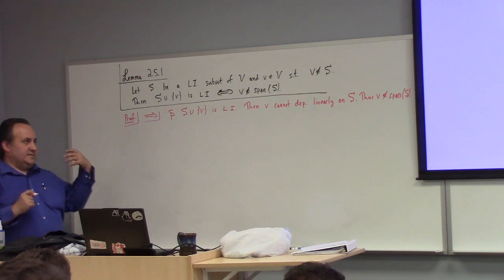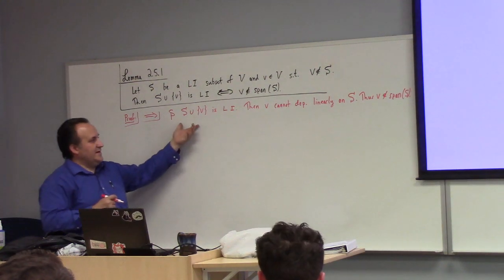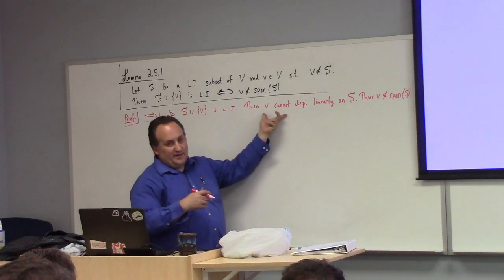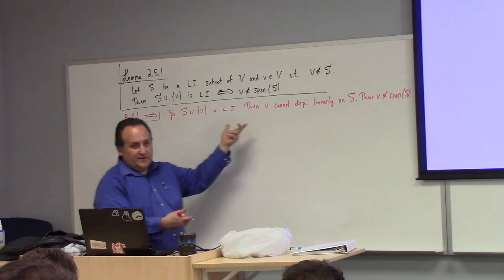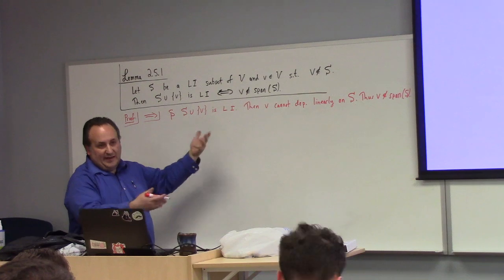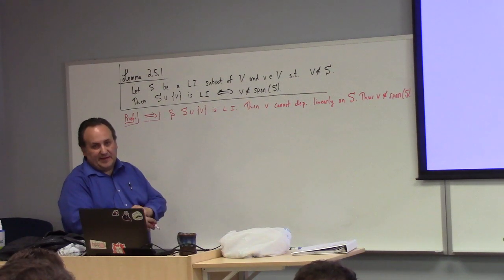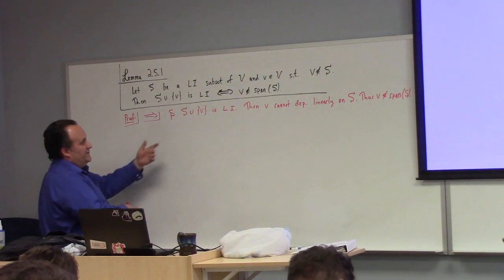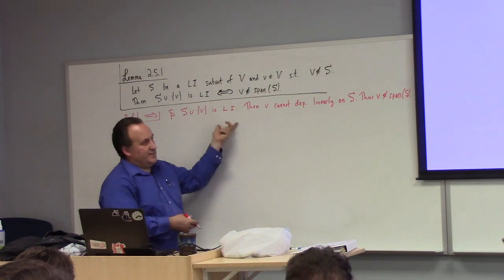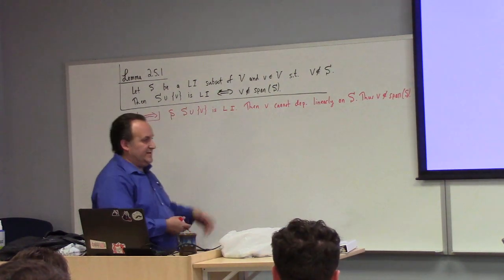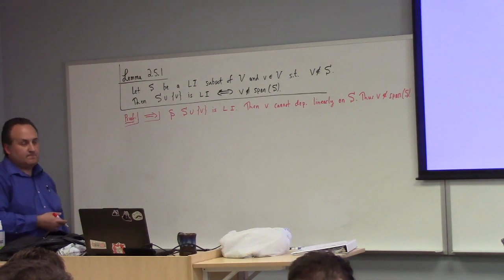So if this is linearly independent, we can't have v expressible as a linear combination of the vectors in S, because that would make it linearly dependent, and we're assuming it's independent. So it's impossible for v to be in the span. That essentially rests on what we proved last time.